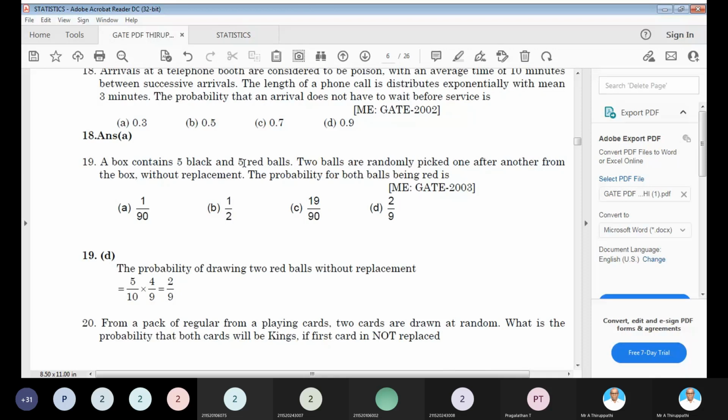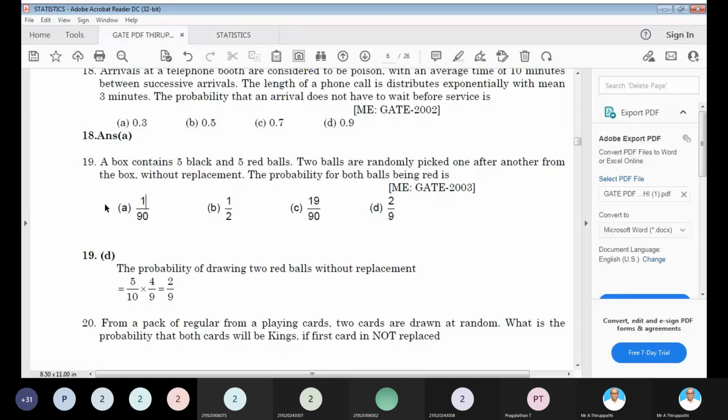Both are red balls. First, how many red are given? 5 black balls, 5 red balls. Totally we have 10 balls. First we select 1 red ball, 5C1 by 10C1. And again a red ball. Already one is taken out, so remaining we have only 4, so 4C1 by 9C1.